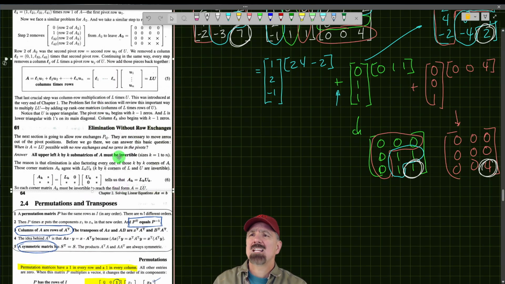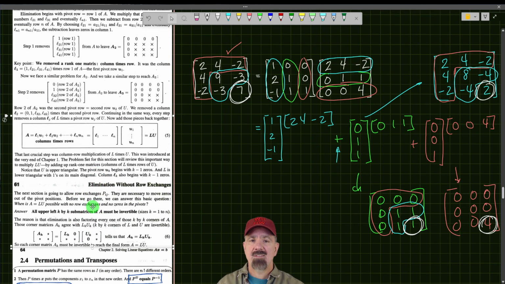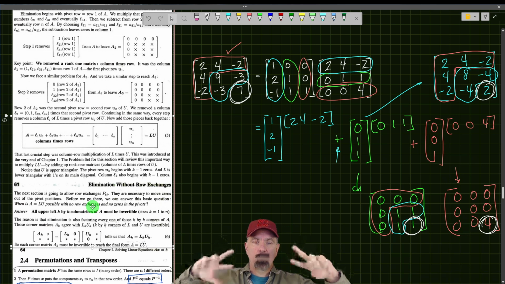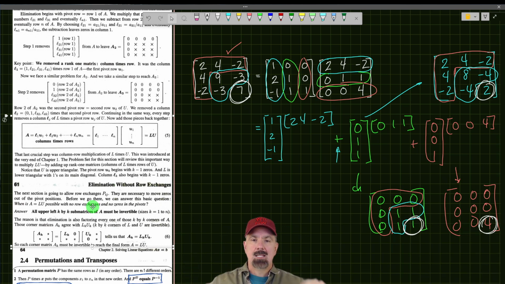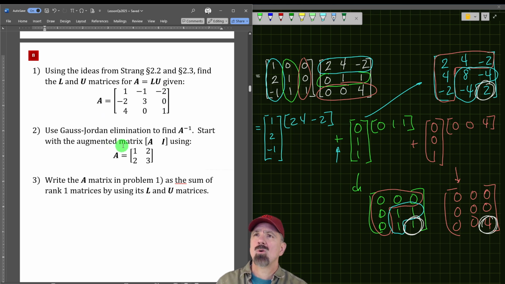All right, so the last conversation here is elimination without row swaps. We haven't talked about the whole idea of doing row swaps, and that's what we're going to talk about in section 2.4.